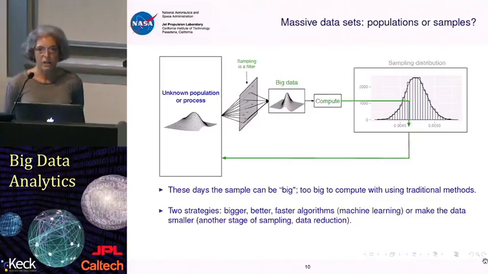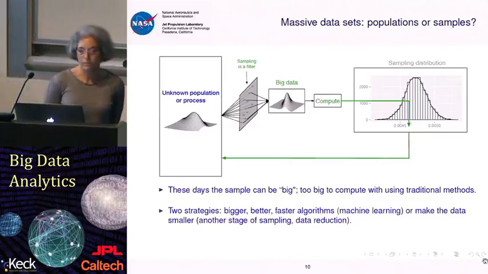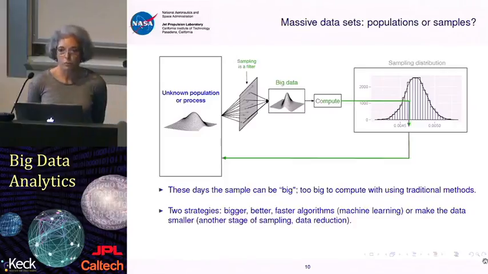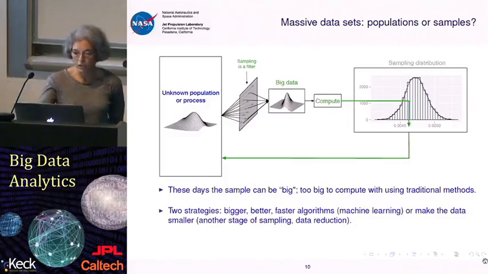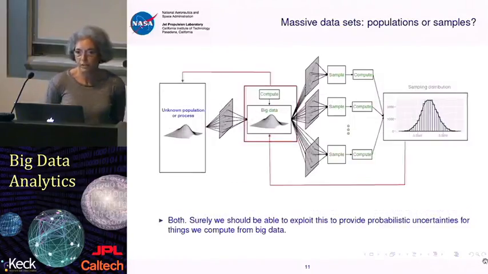One is bigger, better, faster algorithms, and machine learning provides a lot of those. And the other strategy is to make the data smaller, where you might sample again from the big data sample that you have, or you might choose to apply some algorithm that reduces it in some way to a more manageable form. And I will leave the machine learning algorithms to the machine learning experts, and I'm not really going to talk about data reduction, although I will allude to it again later.